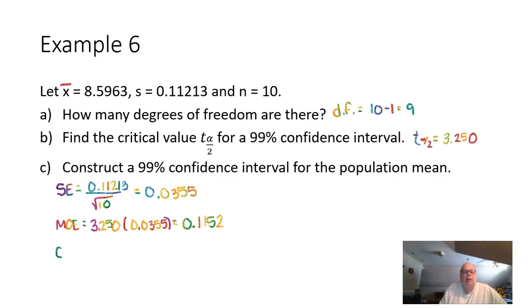And then to find the confidence interval, we're going to take the mean, 8.5963, and we are going to add the margin of error. This is going to give us the upper end, and then we're going to take that and we're going to subtract the margin of error, and this will give us the lower end of our confidence interval.